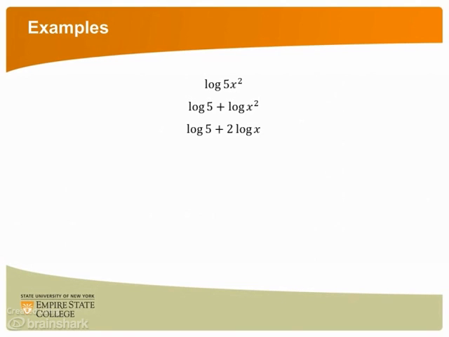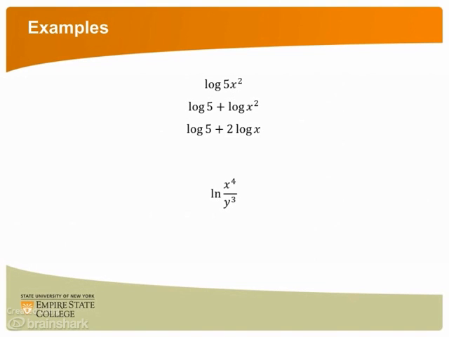We can still simplify the log of x squared. The 2 that is the exponent becomes a coefficient for the log of x. Note that the 2 only goes in front of the log for x, since the only thing that was being squared was the x. So our final answer would be log of 5 plus 2 times the log of x.